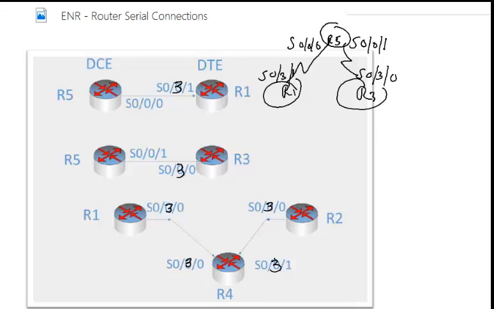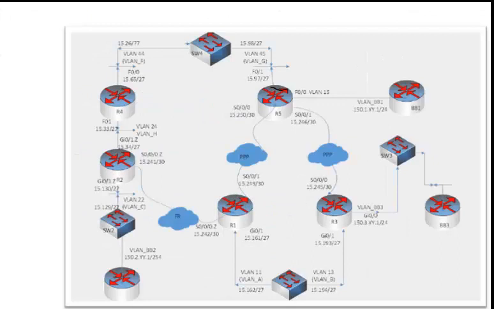Now we are going to configure this logical network by using this rack, by using these 4 switches and 5 routers. There are a number of VLANs. If you look at this topology here, there are a number of VLANs.